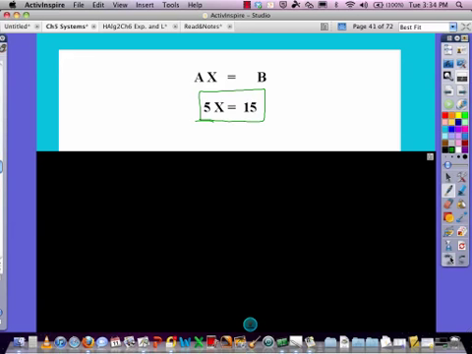Oh, so now if I need to get rid of that 5, but I can't divide, what other choice do we have in our capabilities? And most people would then say, oh, I could multiply by the reciprocal. The reciprocal is also known as its inverse. So we're really multiplying by the inverse.